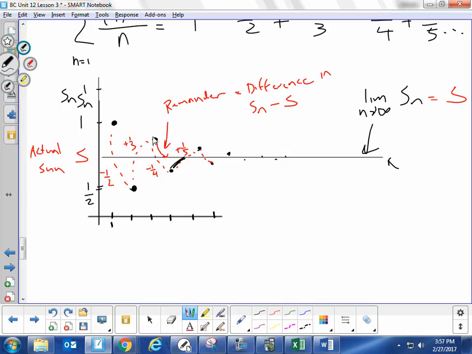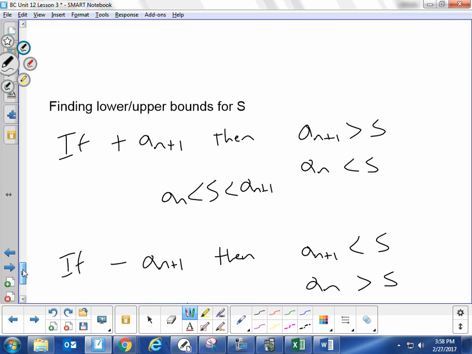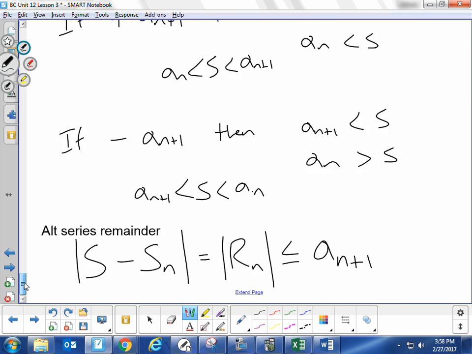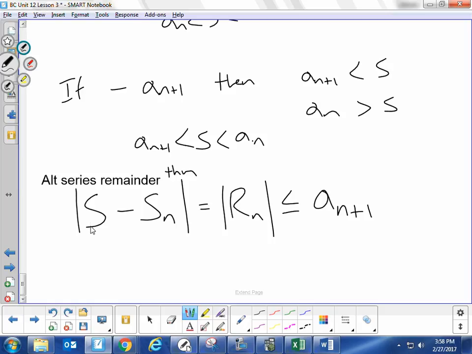So we say that the remainder will have to be less than the next term that I'm adding or subtracting. If I'm subtracting 1/4, I will go beyond s. The remainder is less than that. So this is the alternating series remainder theorem. It states that if we take our actual sum and subtract our partial sum to get our remainder, that remainder is going to be less than the next term that you're adding or subtracting.